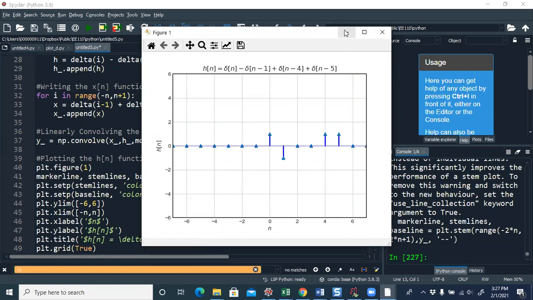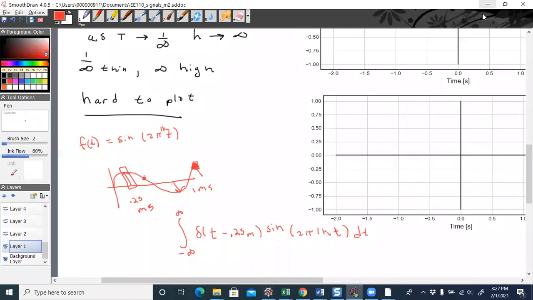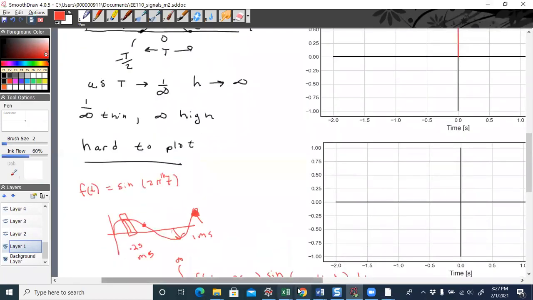Okay, that's another way to look at it. Does that help? Okay, effectively don't worry about it, but that really is how it's used.